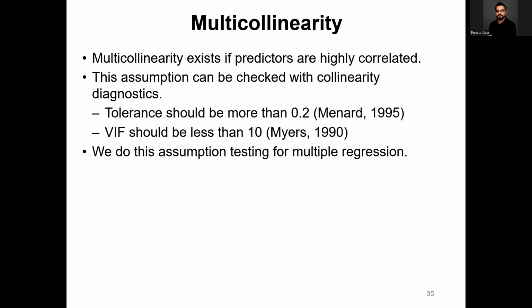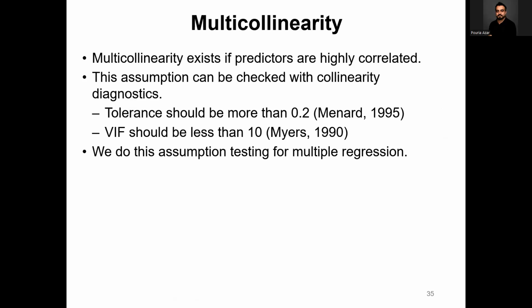My outcome variable is total cholesterol level, and that's fine. But my predictor variables, BMI, height, and weight, are highly correlated with each other. So I will have multicollinearity issues here.